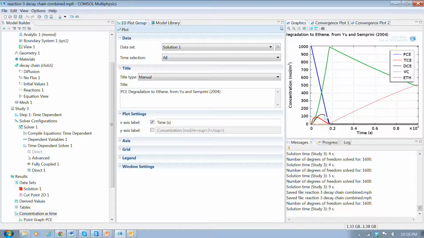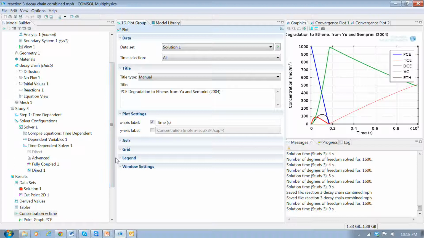And then DCE, and then vinyl chloride gets to be quite large, hits a spike and comes down. And then this is ethene. And if you look at the figure, I guess figure 1 or figure 2, you'll see that the curves look pretty much like this.